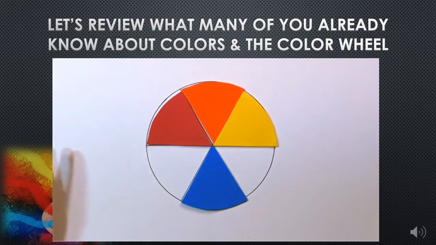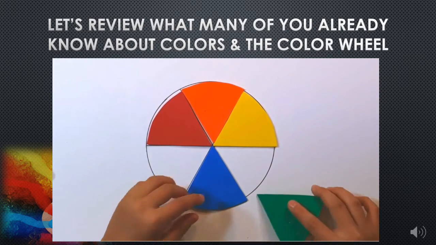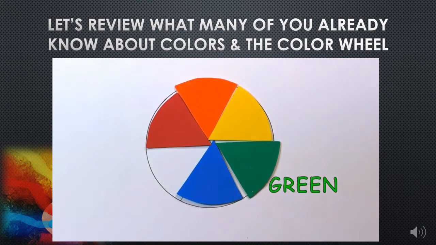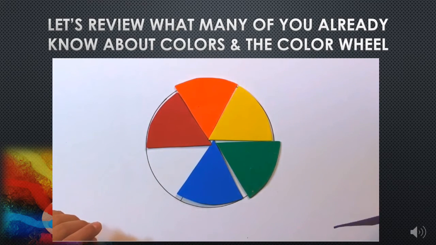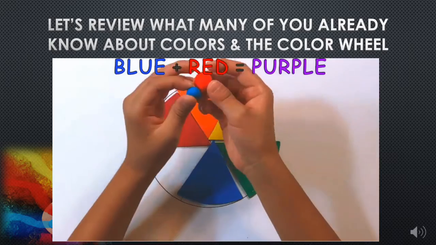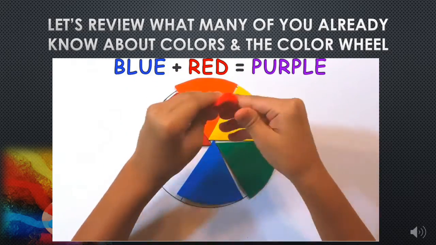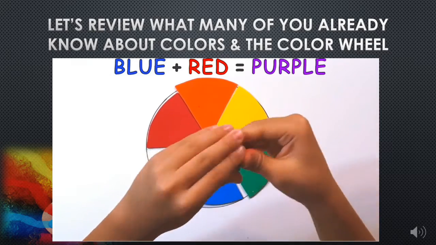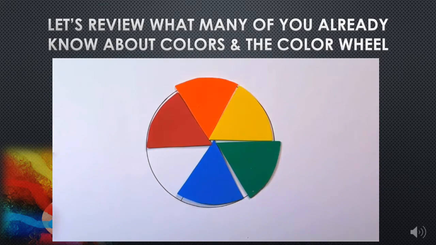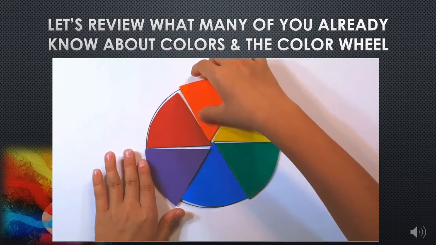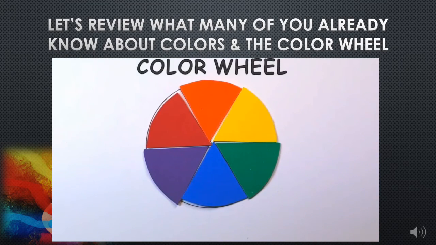Green will go between blue and yellow on the color wheel. Then we will mix blue and red to make purple. Purple will go between red and blue on the color wheel. We just made a color wheel.